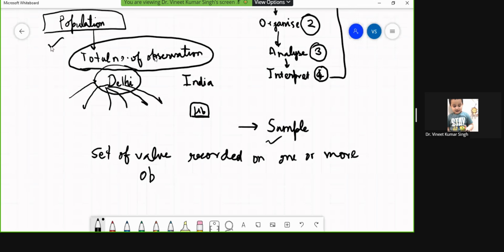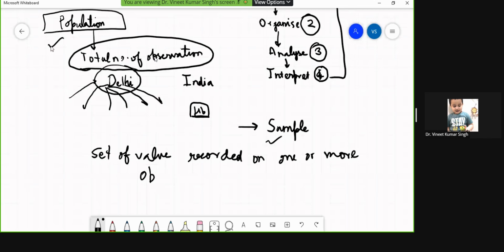And the second is measures of dispersion. Start with measures of central tendency. So the main objective of any analysis is to represent the data by one single value.